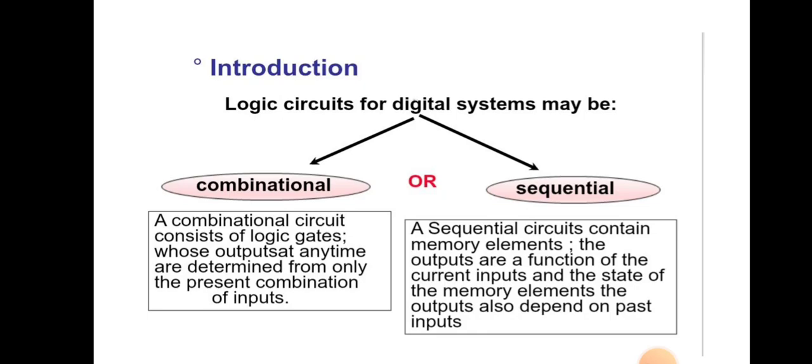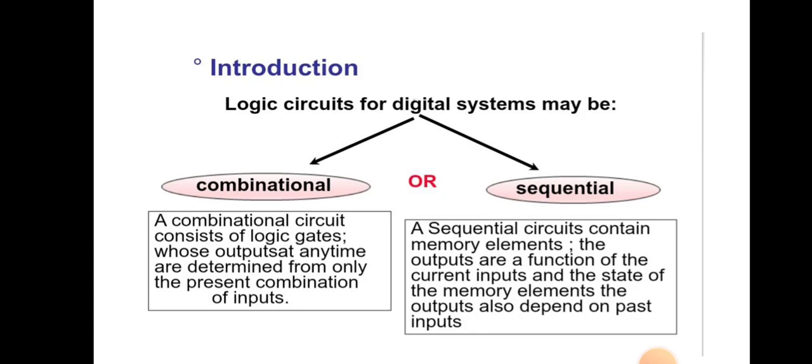Now the sequential circuit. A sequential circuit contains memory elements. The outputs are a function of current inputs and the state of the memory elements, so the outputs also depend on past inputs. As the name says, it works in sequence. If a particular circuit has 3 stages, the first part will operate, and its output will be stored in the memory element.